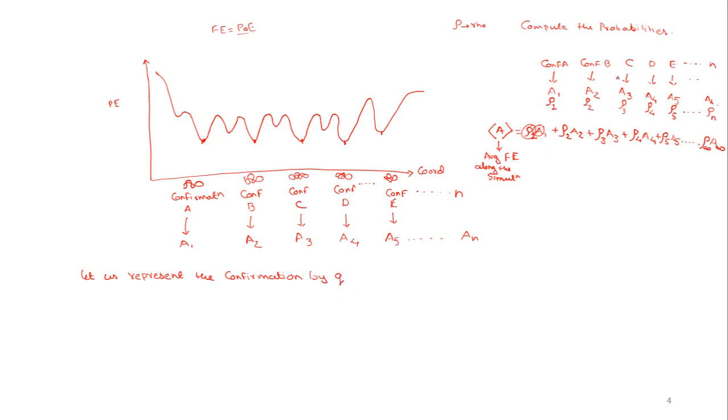Instead of writing conformation A, conformation B, conformation C, conformation D, we represent the conformation as q. If we represent the conformation of the protein by q, and we need to represent this situation with an infinite number of possibilities, we can write this equation in terms of an integral.